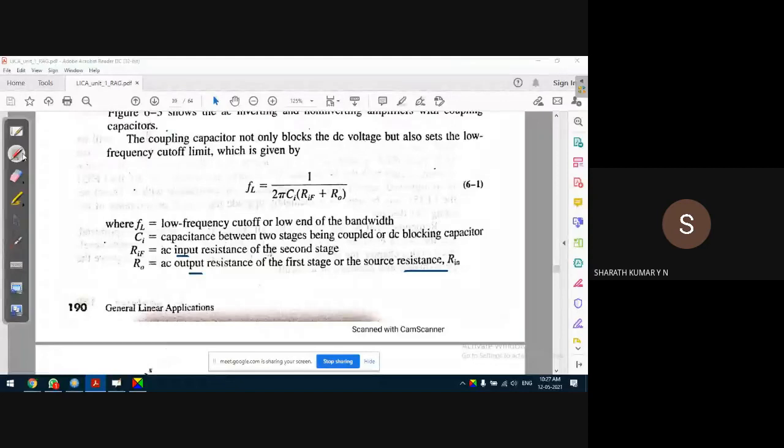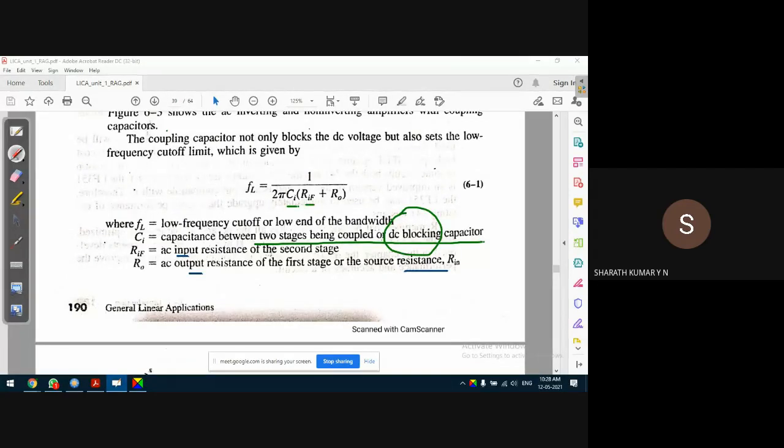Okay, so the lower cutoff frequency FL is affected by CI, the input coupling capacitor. The capacitance between two stages being coupled is also called a DC blocking capacitor.